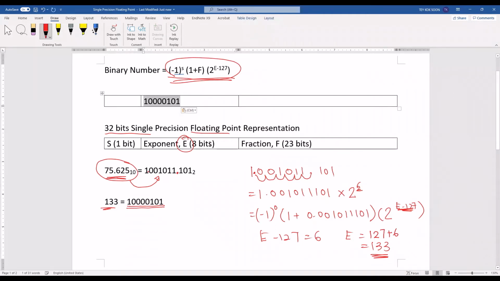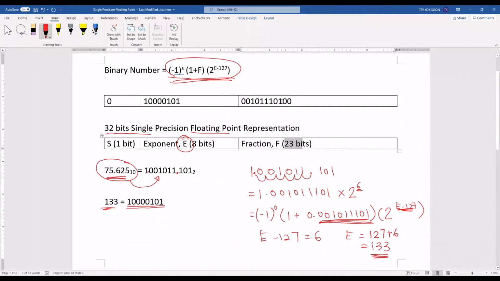So by this way you're able to fill out the fields. So 8 bits for e, and the sign bit should be 0 because it's a positive number. Then the last one is the fraction. This is the fraction number, and you should bring it in. So it should be 00101101. Then the rest you just fill up with 0 until it reaches 23 bits.